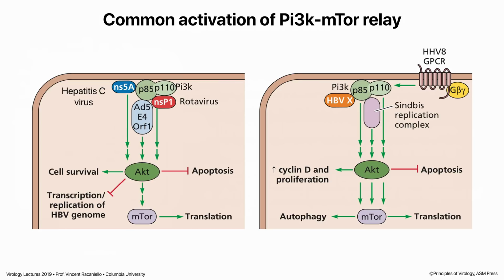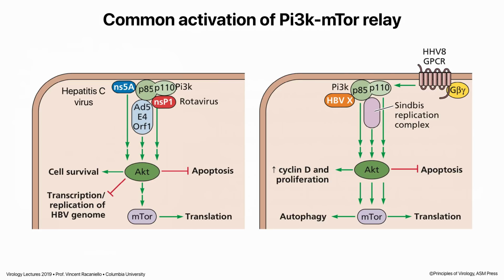And on the right, some other examples. There's a herpes virus, HHV8, a G protein coupled receptor, which is a multi-pass transmembrane protein there on the plasma membrane, can also stimulate PI3 kinase and activate, in this case, cell proliferation through a cyclin, and again, translation via mTOR.